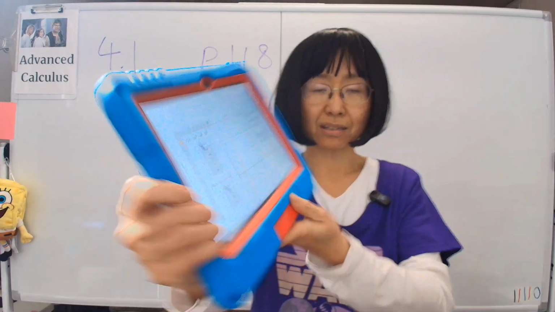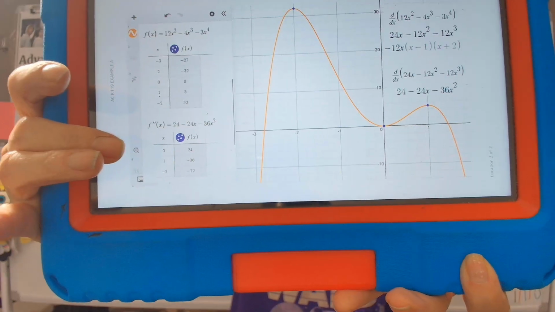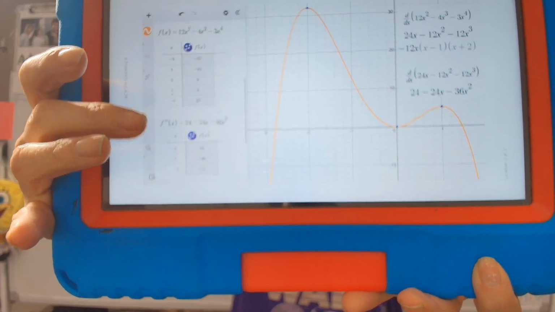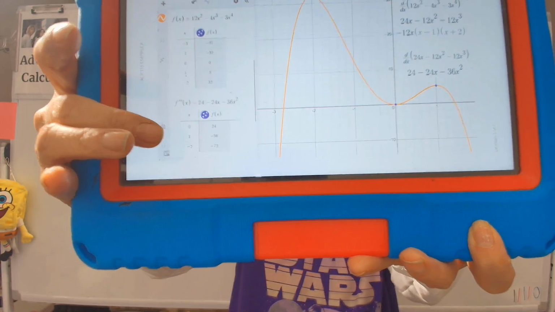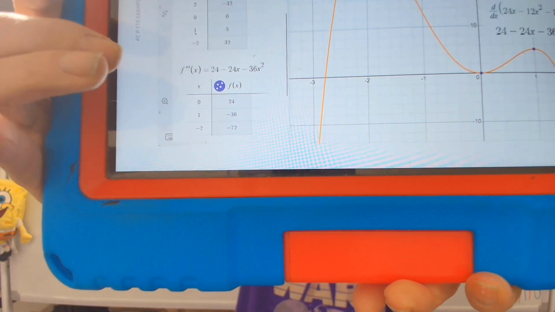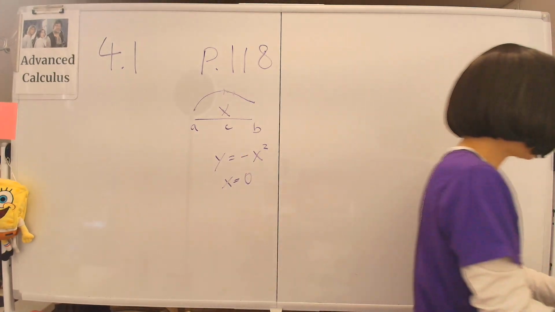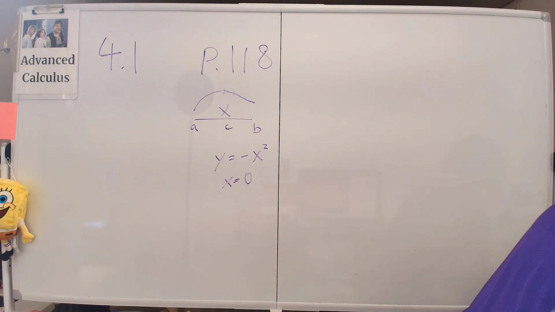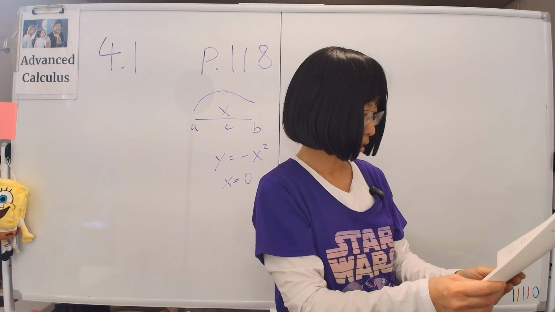That's very similar to what we do in Calculus 1, so I won't go into details. I just put the second derivative in there and find out what it is. Can you see that? Yes, it's negative, and then it's a local maximum or something, just like it says. So next, let's look at example B.